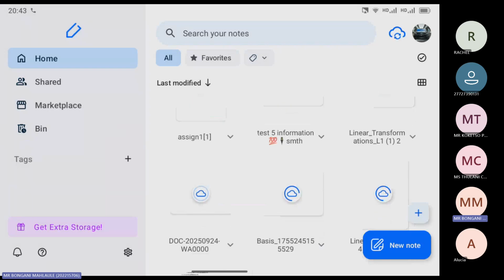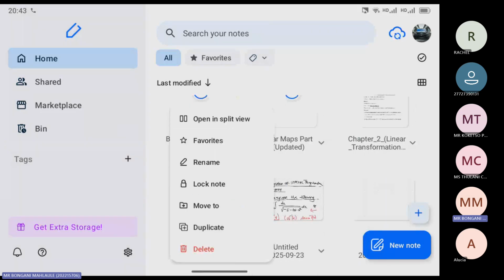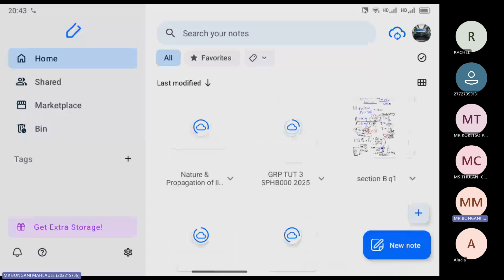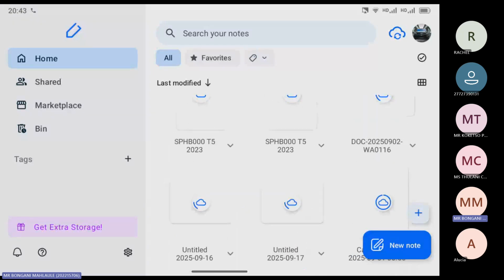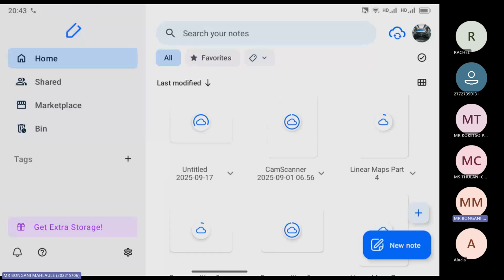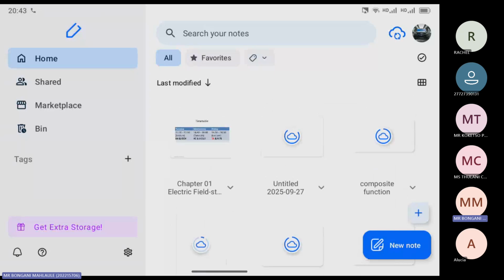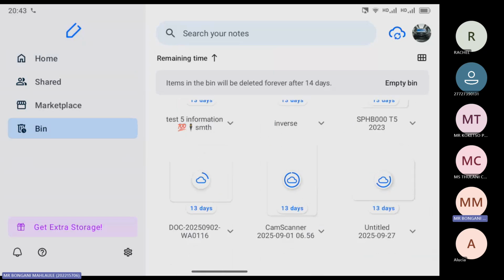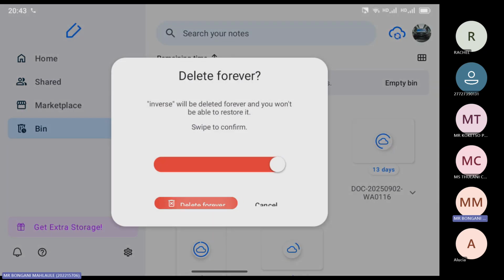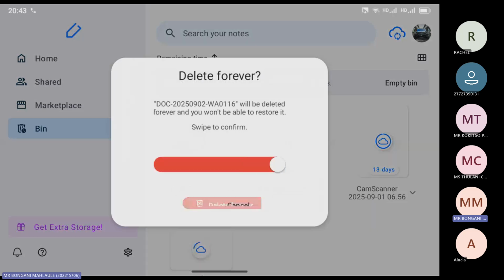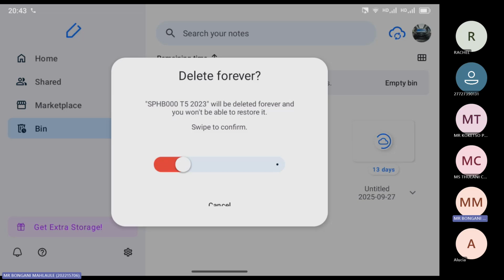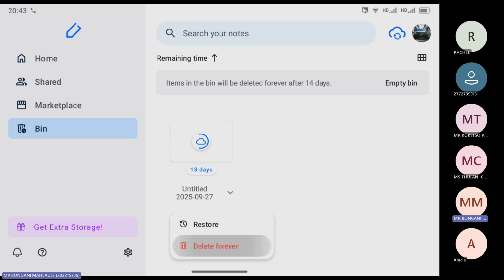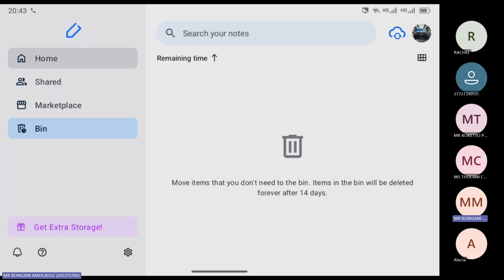Just do this. I wanna use this one because that one is slow, because I cannot scroll downward there. So I wanna try using this one.